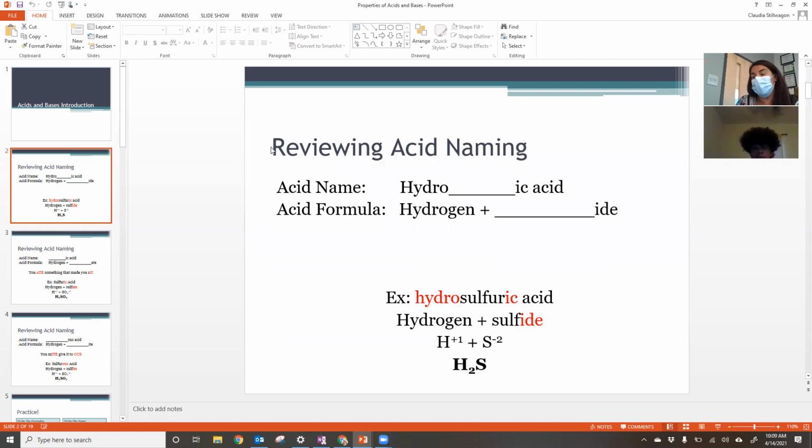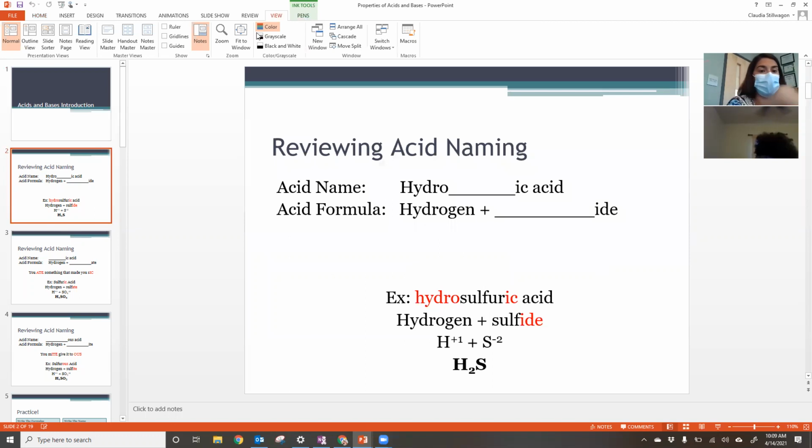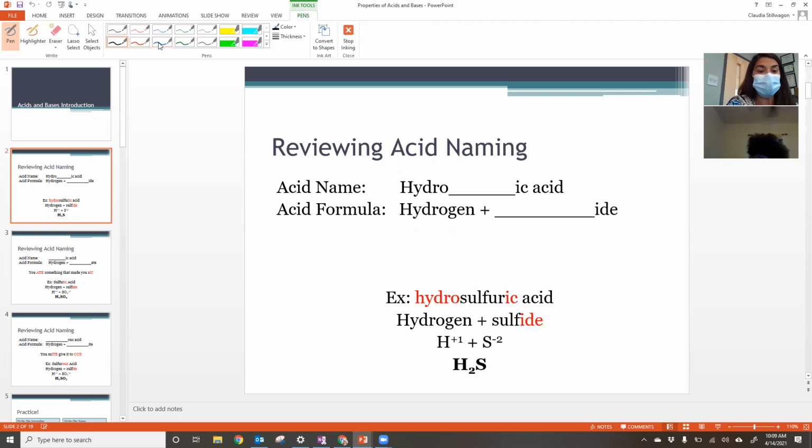You only use the prefix hydro when you are putting it with something that ends in IDE. I think an even easier way to think about that is just when it's with a non-metal. Whenever you have a non-metal, that is what is going in as the hydro-ic acids.